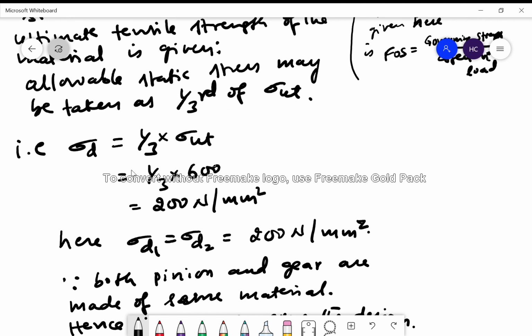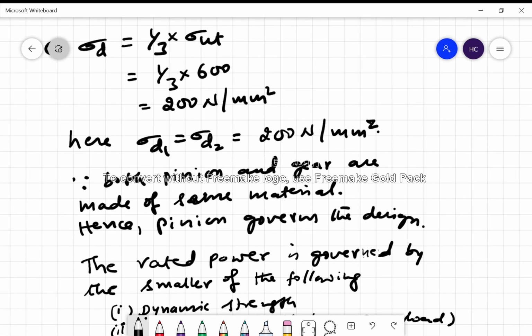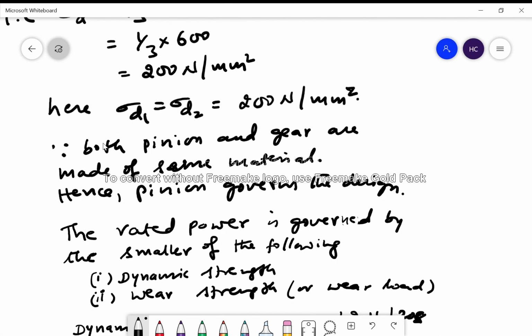That is the usual way of obtaining allowable static stress. Say allowable static stress sigma d is equal to 1/3 of sigma ut, which gives us 200 Newton per millimeter square. That is 600 by 3 gives us 200 Newton per millimeter square. Here allowable static stress of pinion and gear is same, 200 Newton per millimeter square, because same material is used for both.